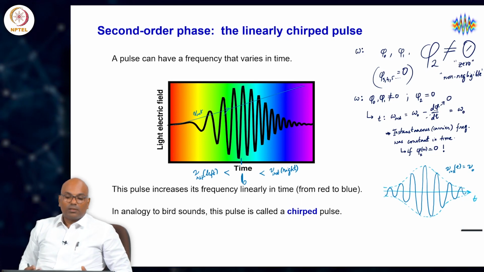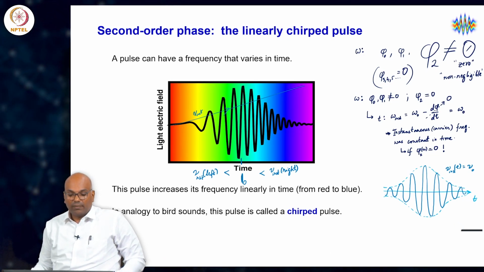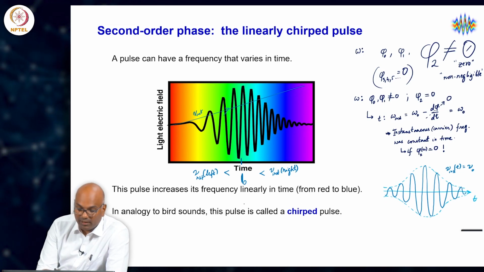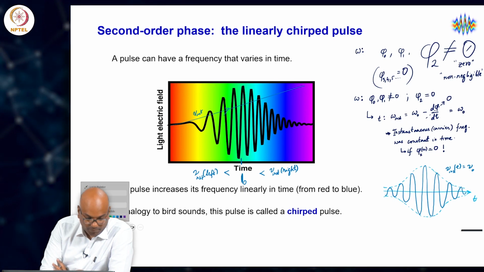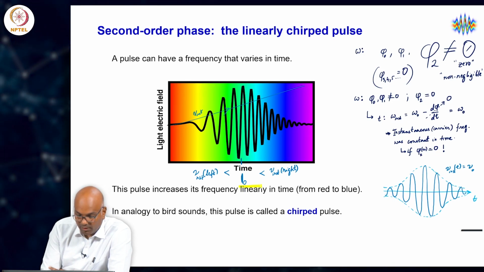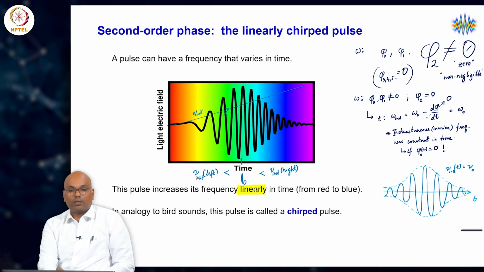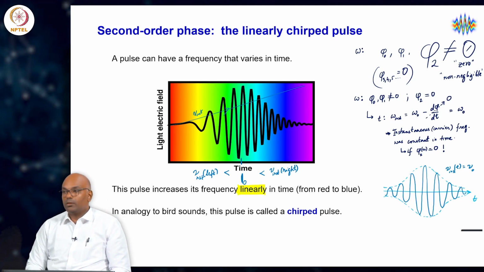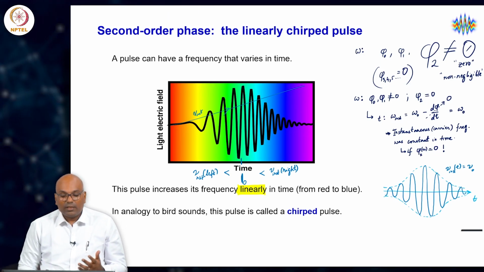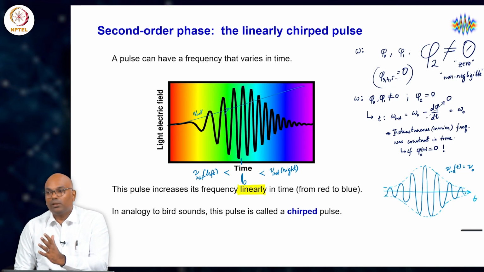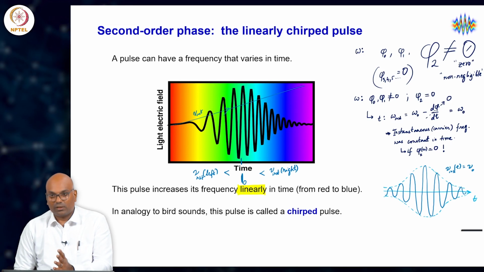Then this depiction is accurate, and it would tell us that now the instantaneous frequency varies linearly in time. And this is one case where the instantaneous frequency increases with the increasing direction of the time axis, which the way we sketch is left to right.